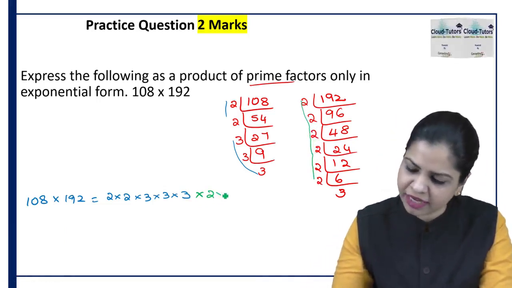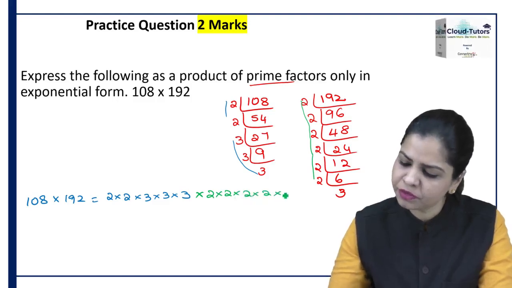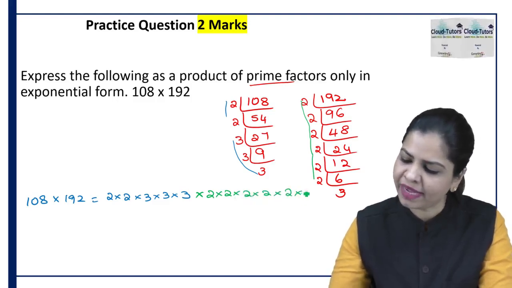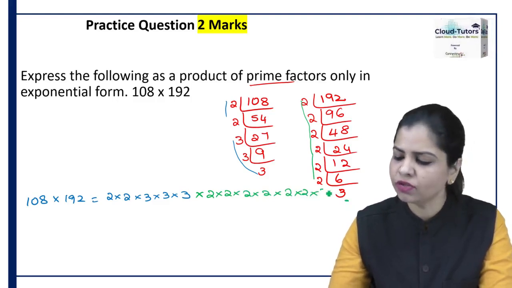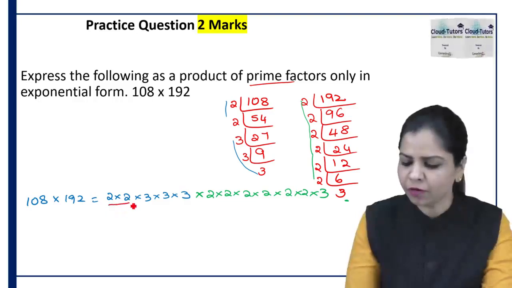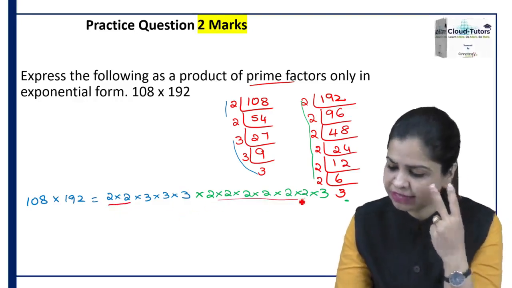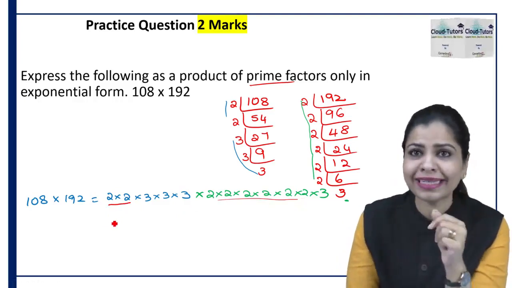So 6 2's I have. 2 into 2 into 2 into 2, 4, 5 and 6, and then there's 1 3. So into 3. Now what you do is just simply count the number of 2's. Here you have 2, and here you have 6. So 6 plus 2 is 8.